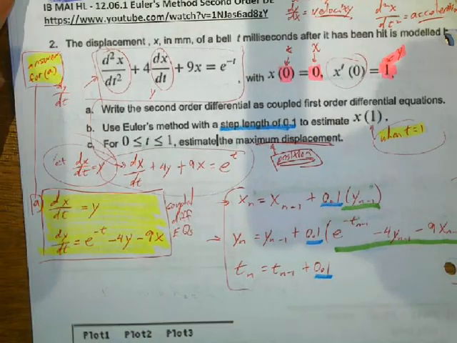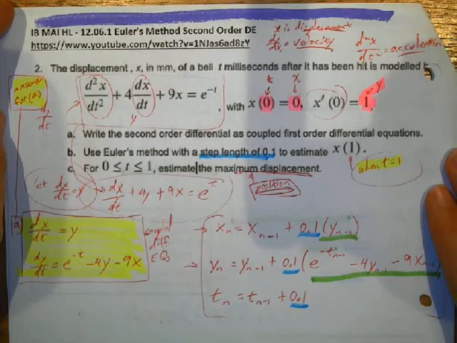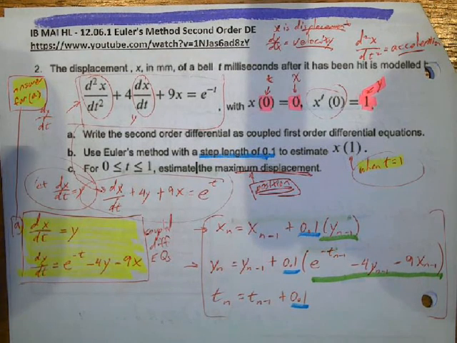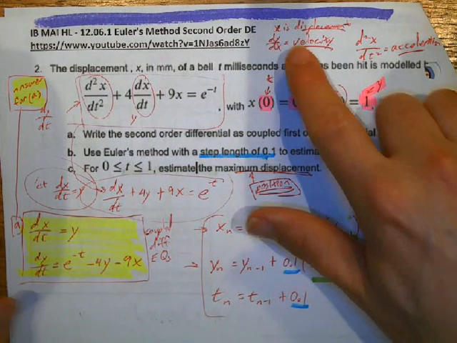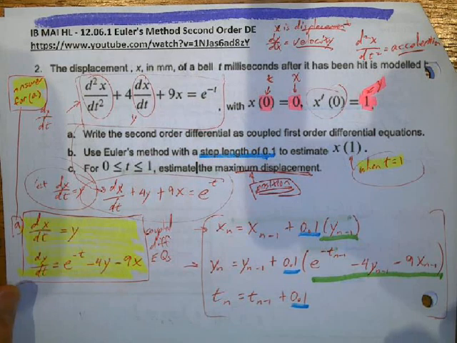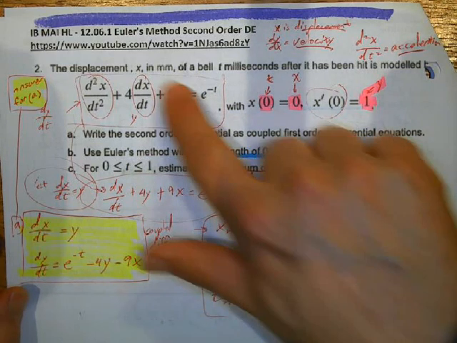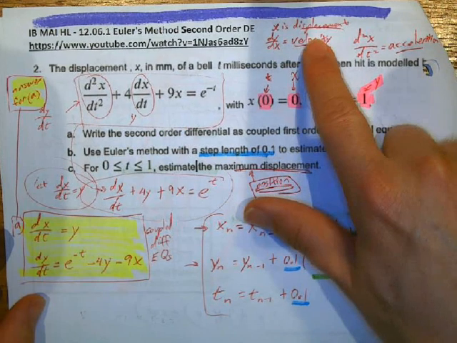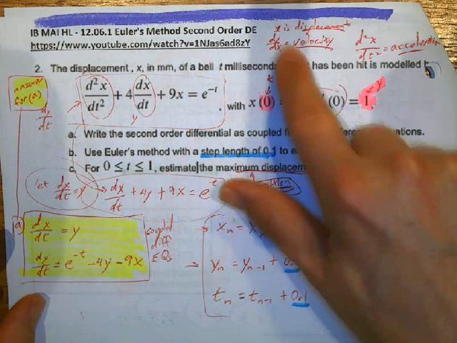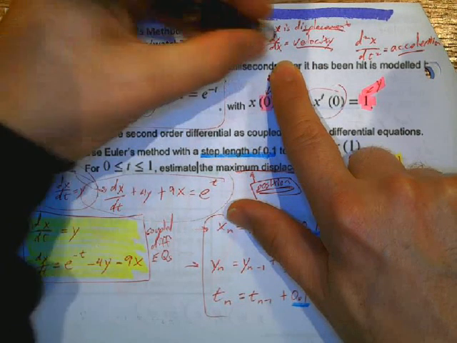All right, so let's look at the other problems. I'm just going to walk you through it. So this one here, once again, IB vodcasting. This is their problem. I do want to mention that in this word example, it's very nice, where they talk about displacement. x is displacement. dx/dt is velocity.